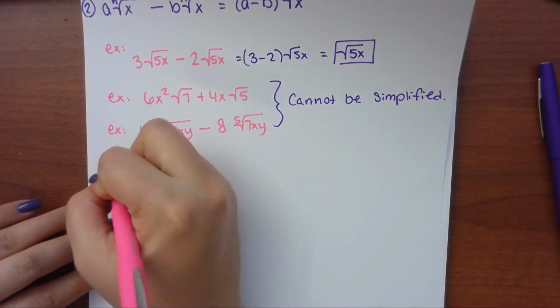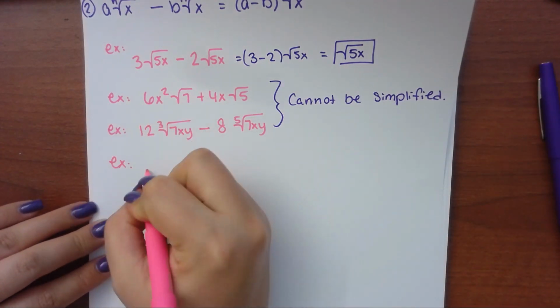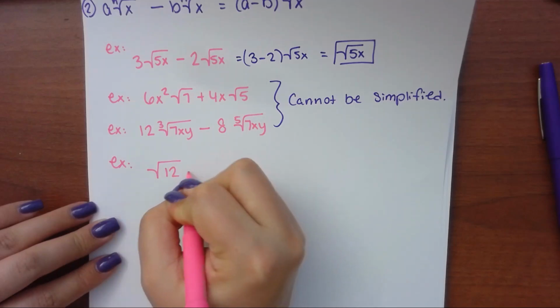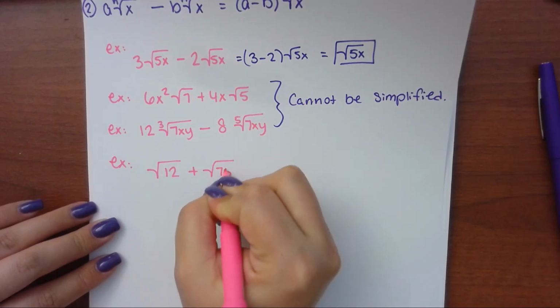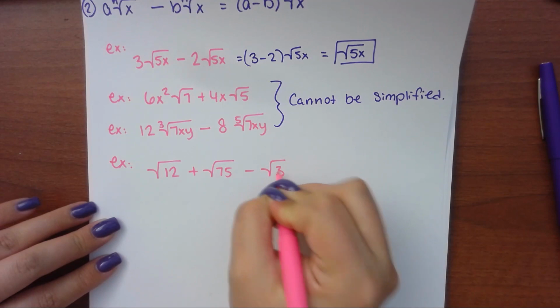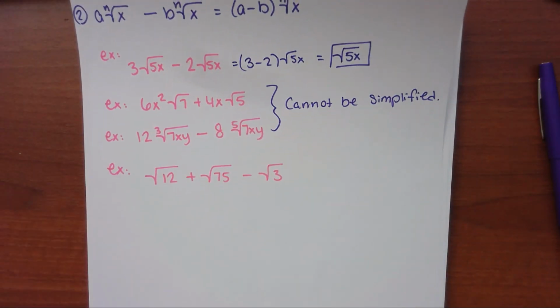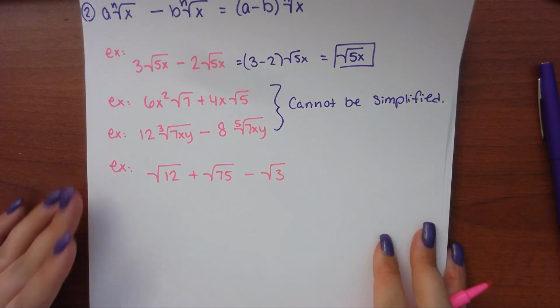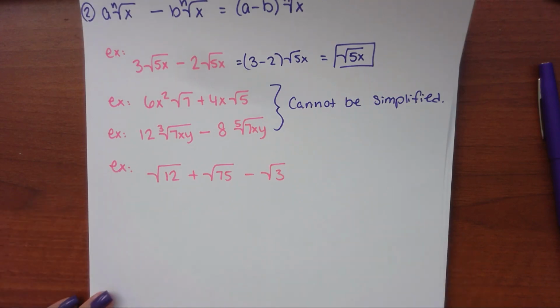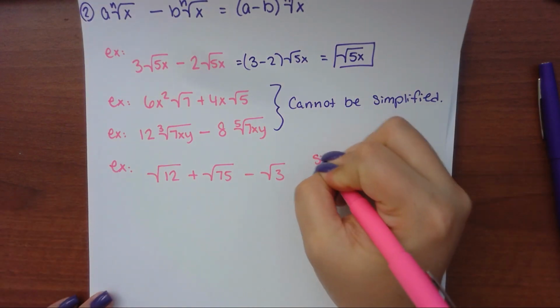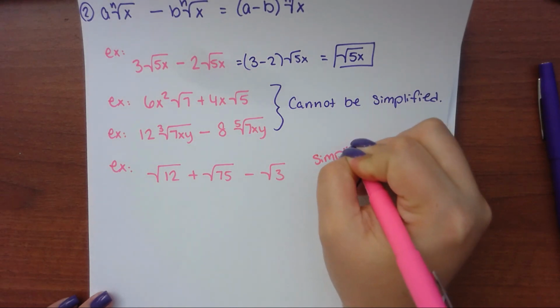So let's look at another one: square root of 12 plus the square root of 75 minus the square root of 3. This looks like the radicands can't be combined, but remember, we can simplify first.